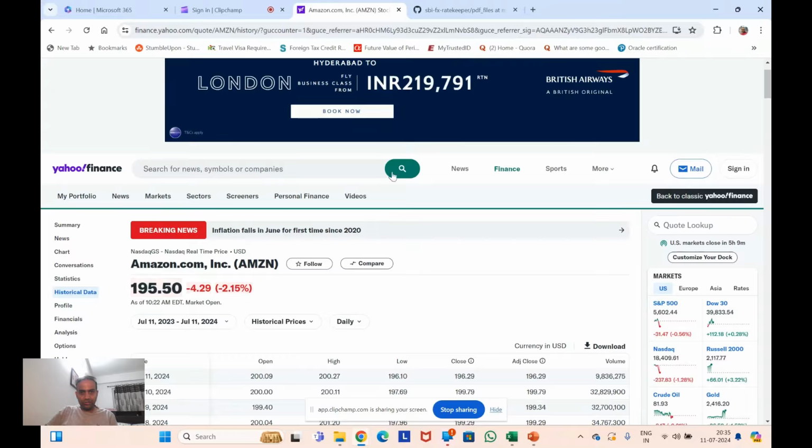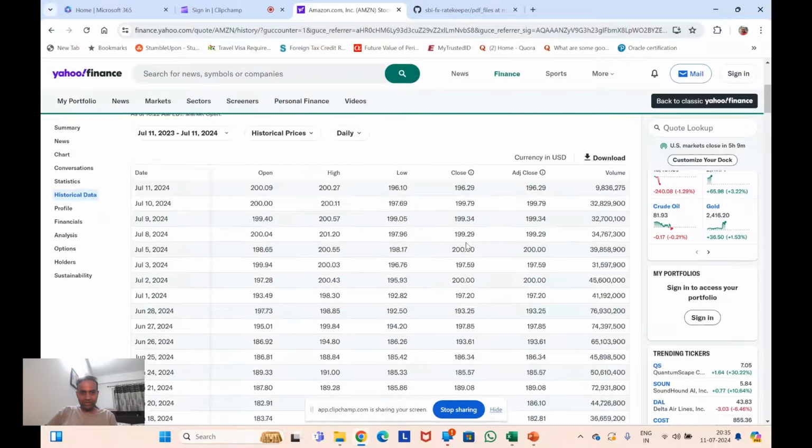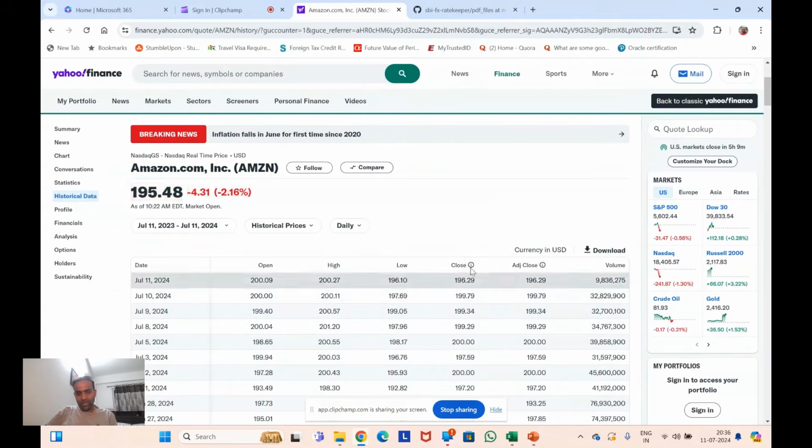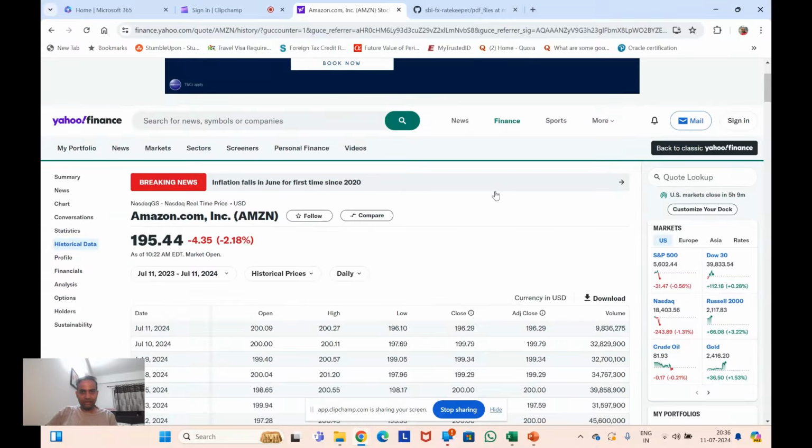So if you see here, for Amazon share price history, I went to Yahoo and searched for the share price history. I get the day-wise share price, and you can take the closing price of that day to calculate the peak share price and the closing stock price, right?